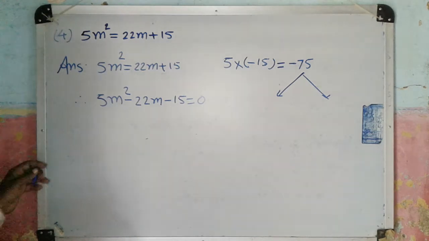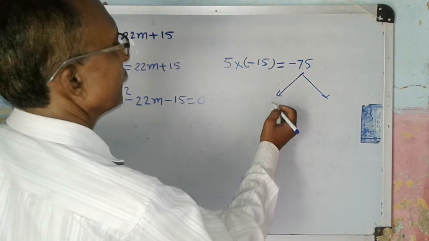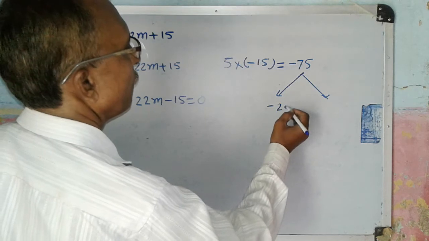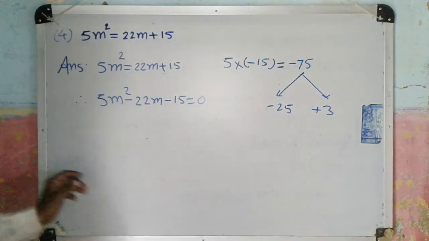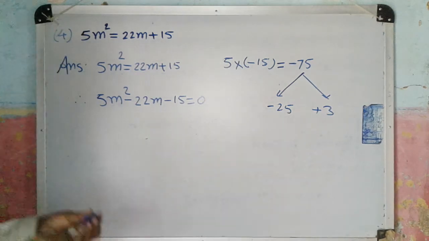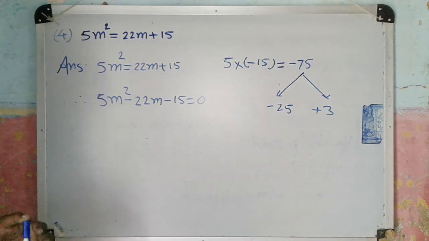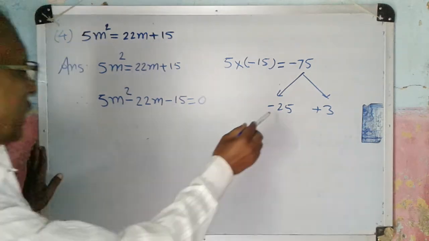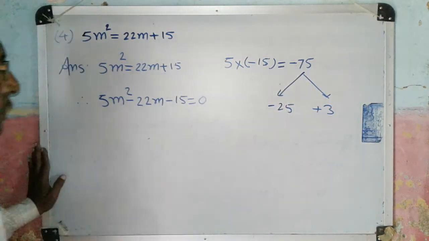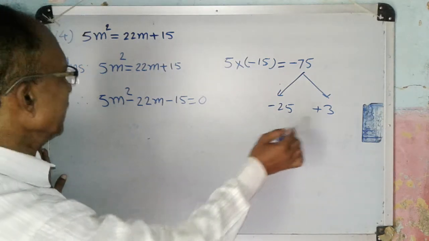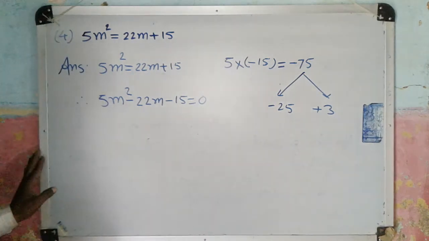So these factors are minus 25 and plus 3. See here. So the product is minus 25 multiplied by plus 3, minus 75. And if you add these, we get minus 22.